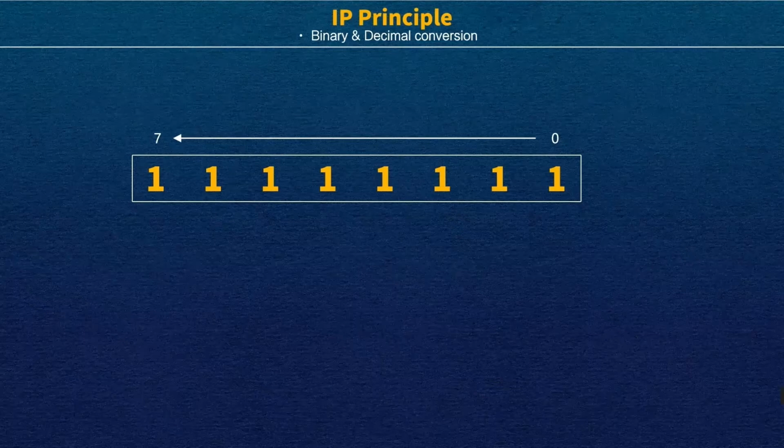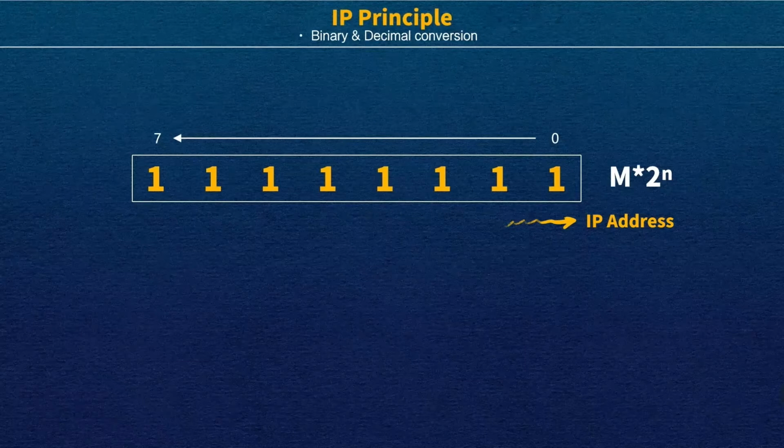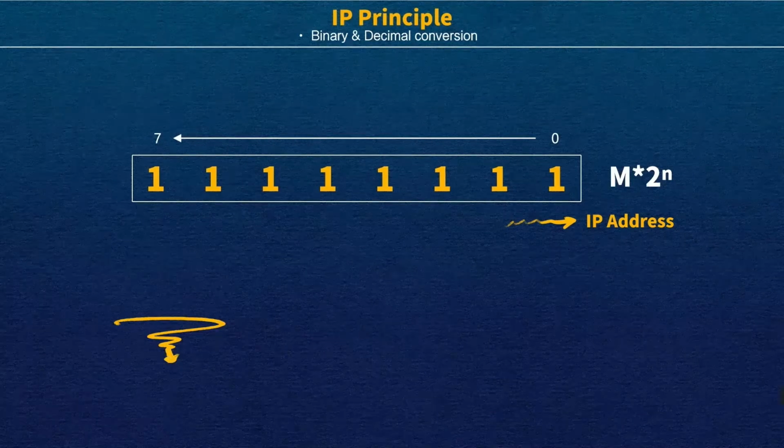The next step, the formula is m multiplied by 2 to the power of n, where m is the binary digit, 1 or 0, and n is the sequence number. From the right the first is 0, the leftmost is 7, and in the middle 1, 2, 3, 4, 5, 6.